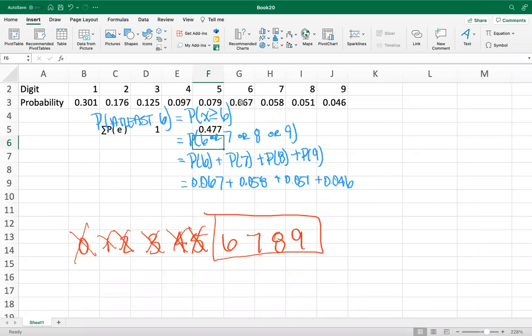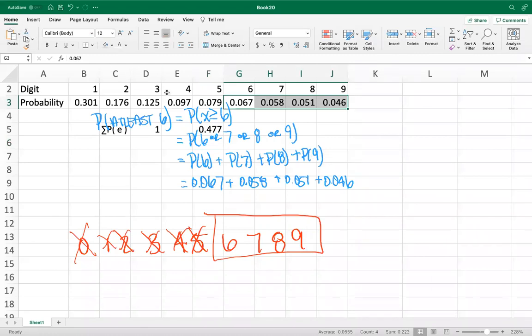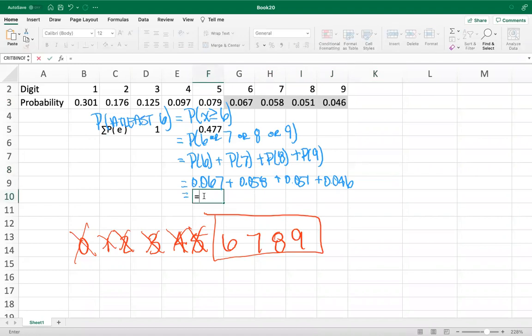And now since these 4 are the ones that we want, the ones that satisfy that condition, let's add those 4 together and it should give us this value right here. So equal to the sum of these values right here, 0.222.